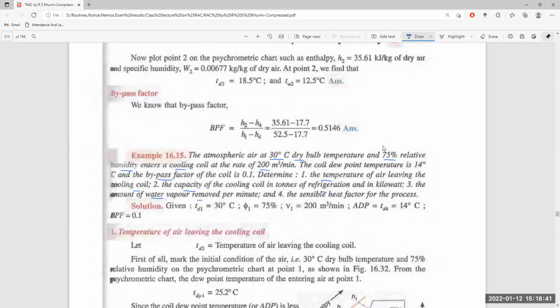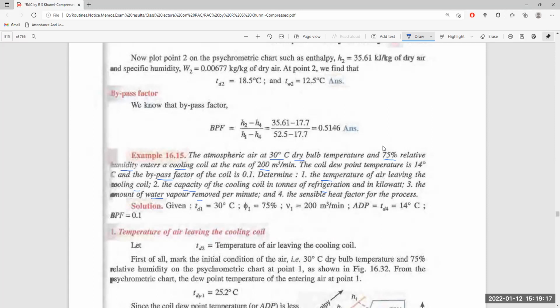And 75% relative humidity means the ratio between the amount of moisture present in a given volume of air vapor mixture and the amount in the same volume when it is fully saturated is 75%, that is, 75% of the full saturation vapor amount.